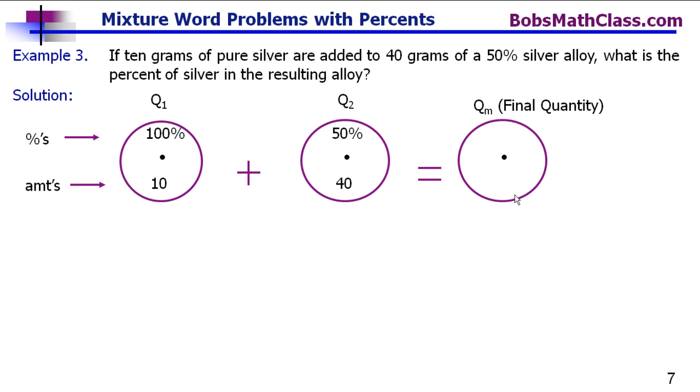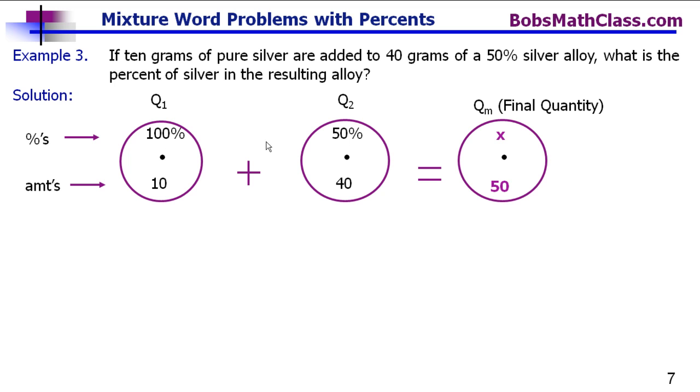Now for our final circle, what is the percent of silver in the resulting alloy? That's what we're trying to find. And how many grams are we going to have at the end? Well, this is case 1, so we have the two quantities, so we add them. That would be 50, and then this will be our x, the percent of silver in the resulting alloy. Okay, so that one was 100% because it was pure silver.